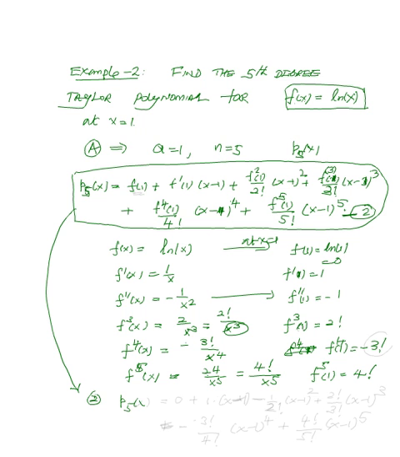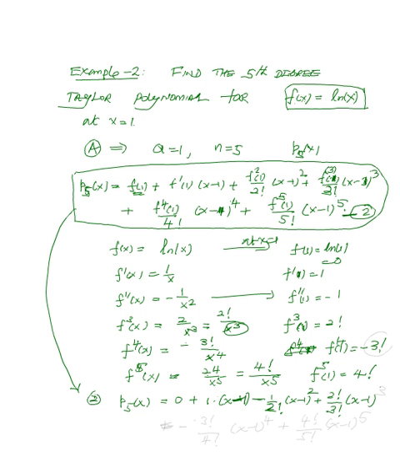P5 of x equals, first term is 0, f of 1 is 0, so let me write 0 anyway, 0, plus 1 times x minus 1, minus 1 over factorial 2 times x minus 1 squared, plus factorial 2, which is the third derivative of f of x at 1, over factorial 3 times x minus 1 to the third.